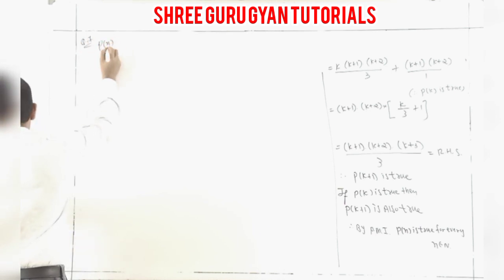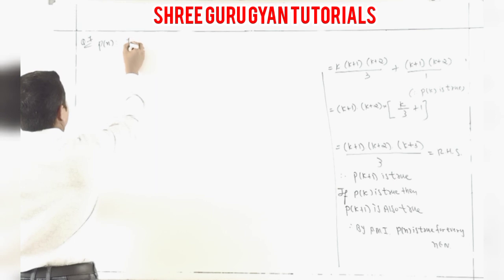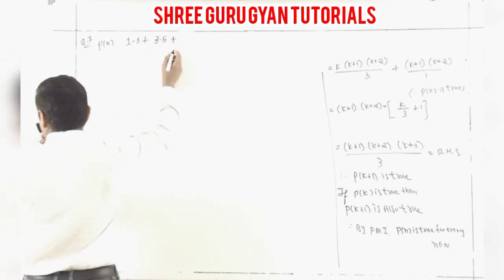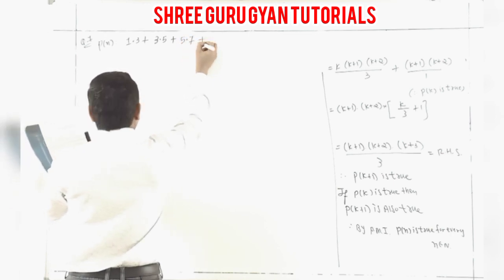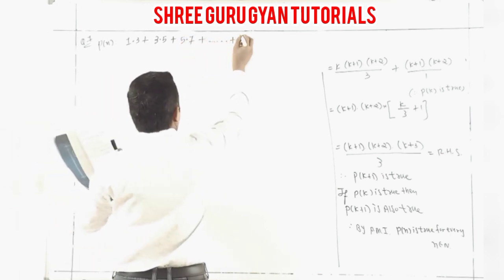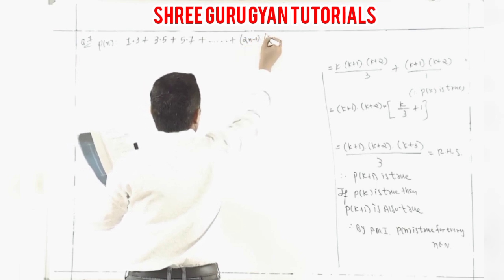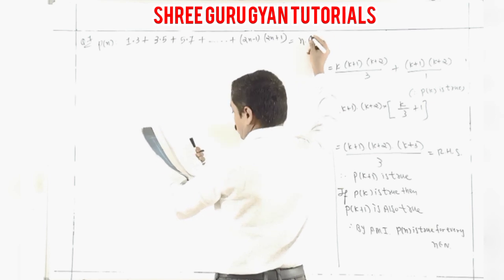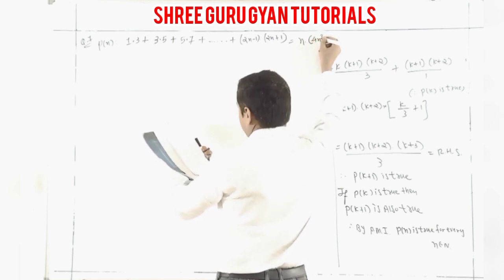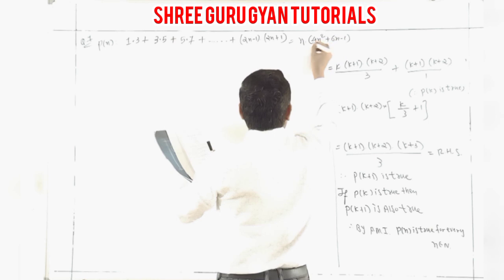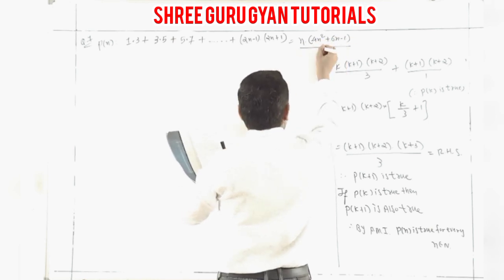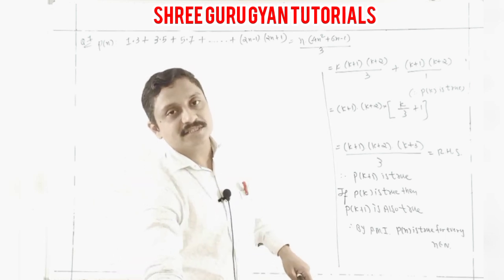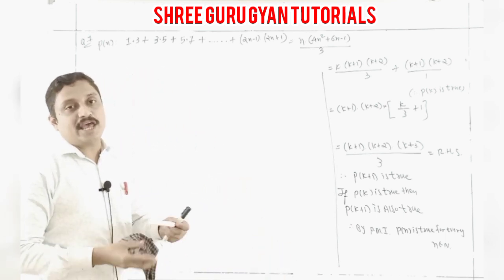P of n, the 7th one: 1 into 3, 3 into 5, 5 into 7, plus up to (2n minus 1) into (2n plus 1), which is equal to n(4n square plus 6n minus 1) by 3. Yes students, here also the same explanations, and the rules are the same.